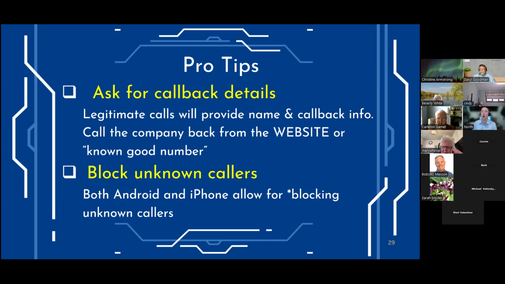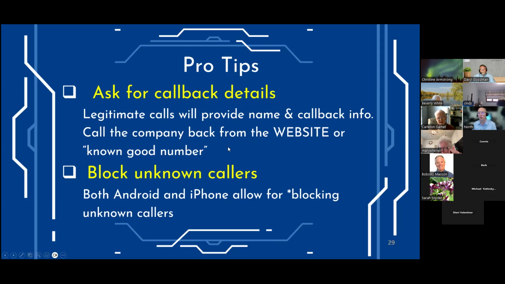If you ask, who are you? What's your badge number? What police department did you say you were with? Get that information, get badge numbers, get callback numbers, and then here's the key. If you want to self-sleuth, call the company or the agency back from the website. You want to navigate online to find their actual contact information from a known good number.